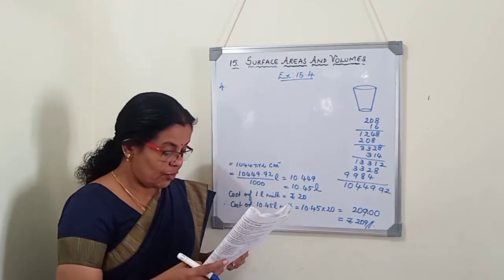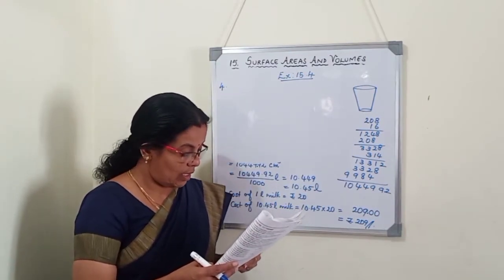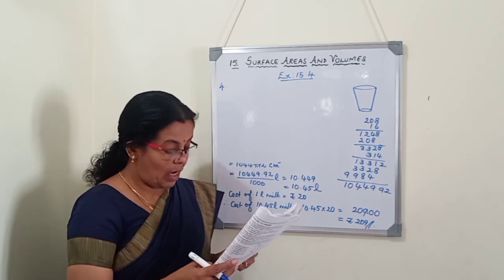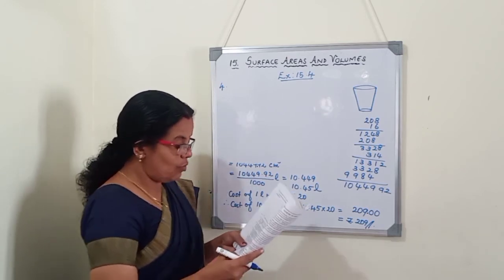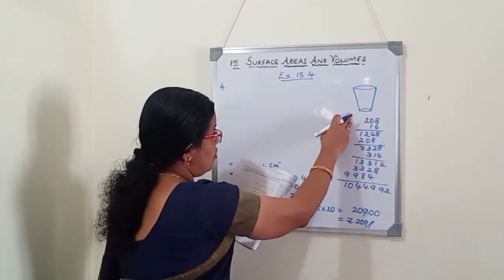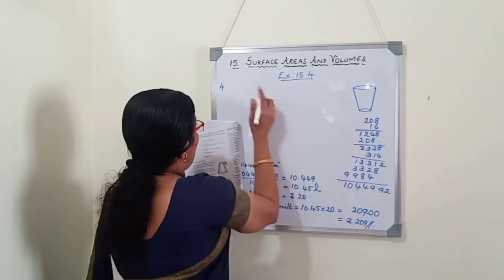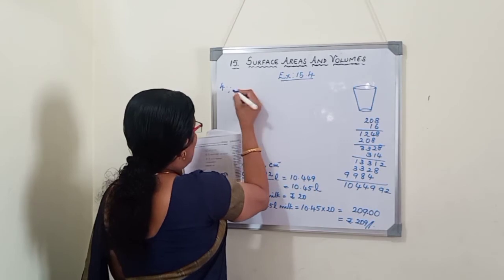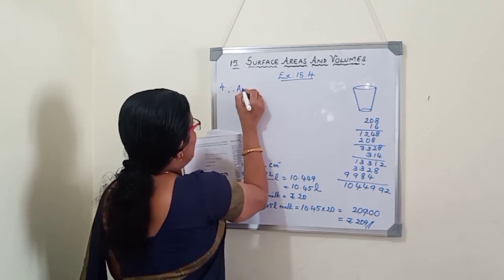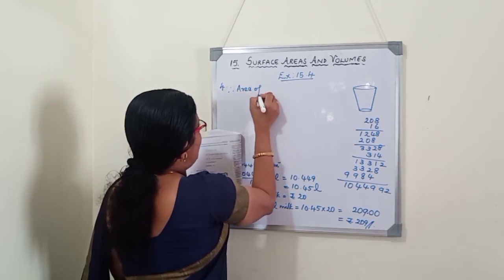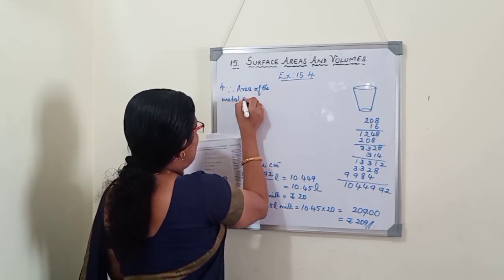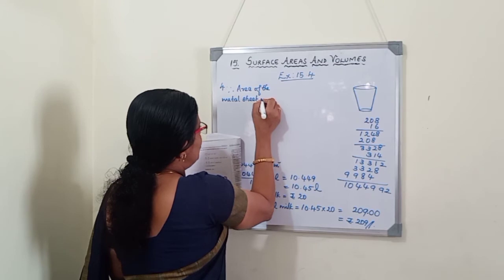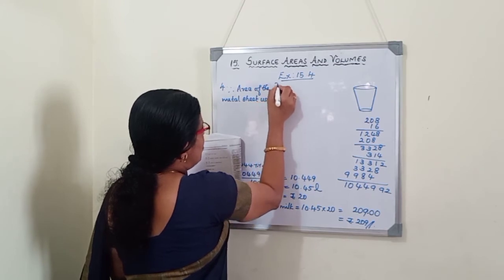Also find the cost of metal sheet used to make the container, if it costs rupees 8 per 100 centimeter square. So here, to find the cost, first we need the area of the metal sheet used to make this container.